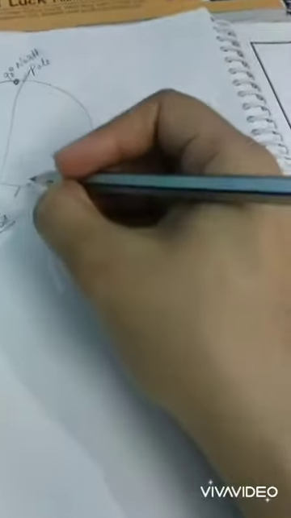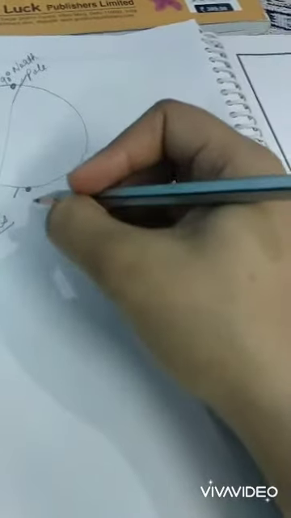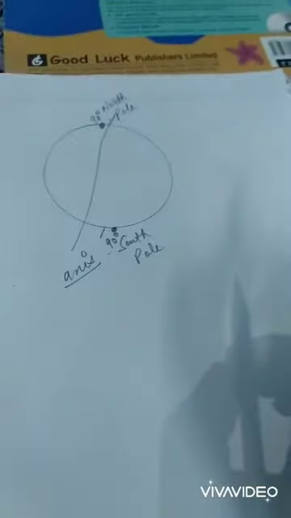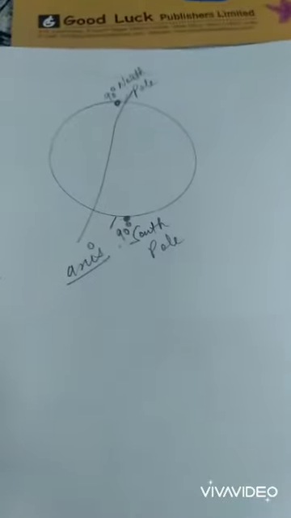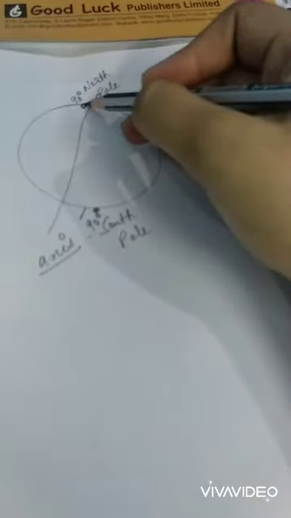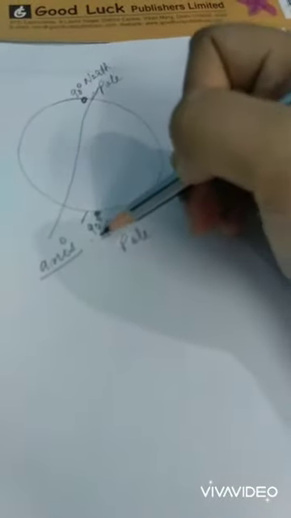Same as below here, it is your South Pole and the degree is 90. Clear? Now they are saying that the pole above the equator line is called the North Pole and the pole below the equator line is the South Pole.